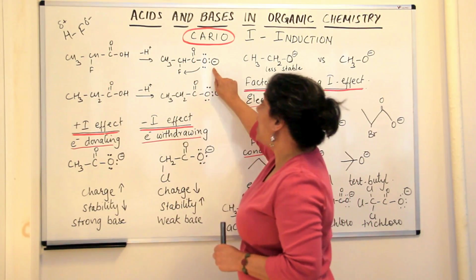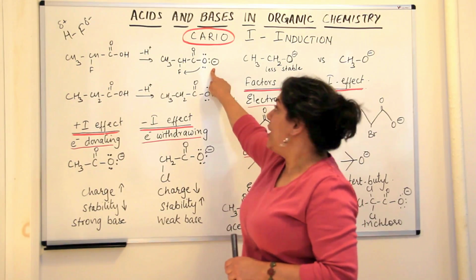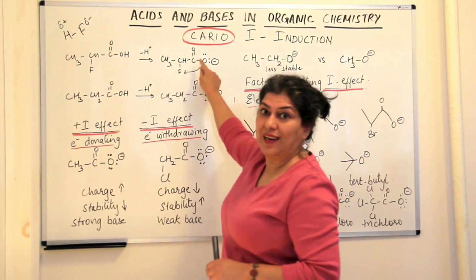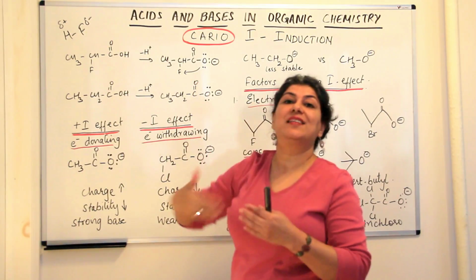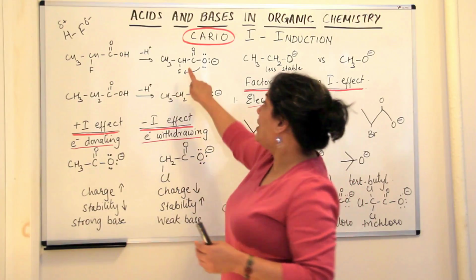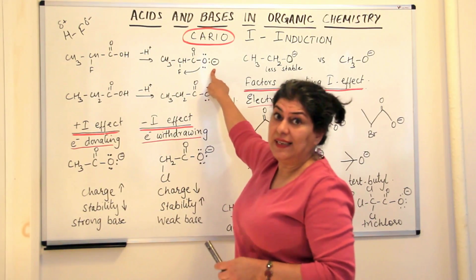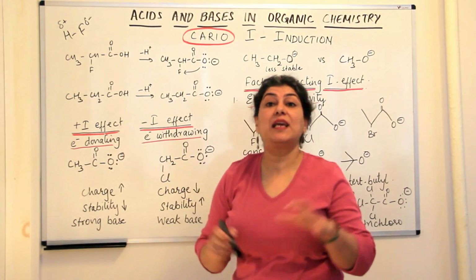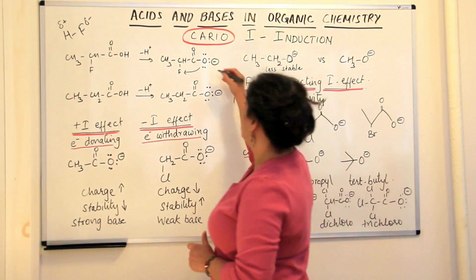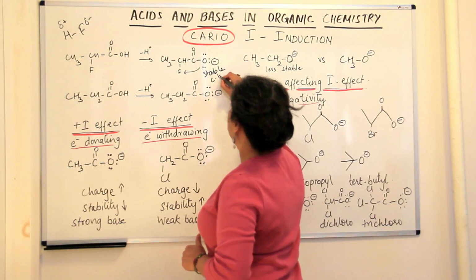It reduces the charge because it's sharing it a little. By pulling it towards itself, it's not letting this ion lose the electron that it had gained.